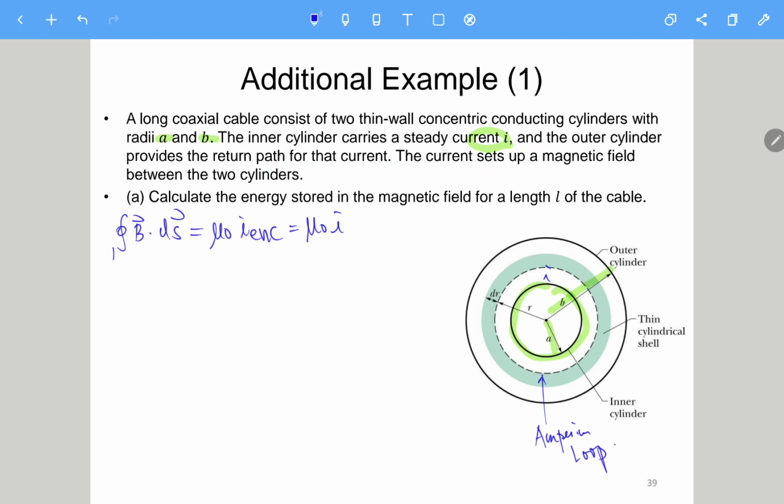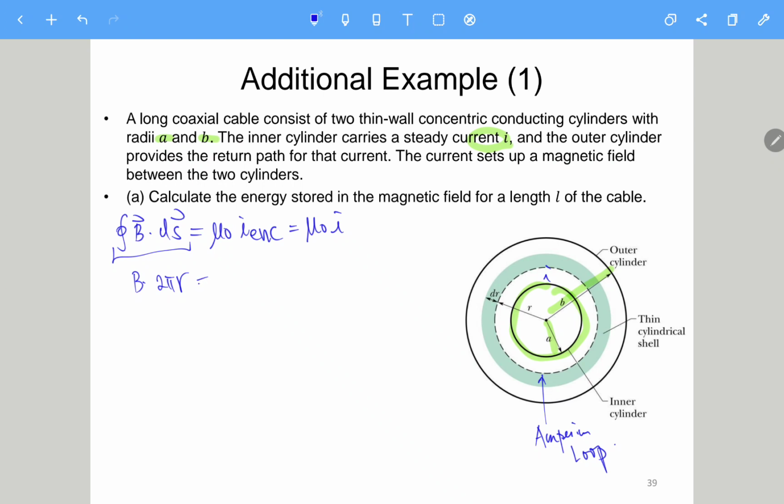As we have done before, this is nothing but B times 2 pi r, because B is uniform and also parallel to ds with the same direction. So this simplifies to a multiple of B and 2 pi r, which is the length of the path, and B is a uniform field over this path.